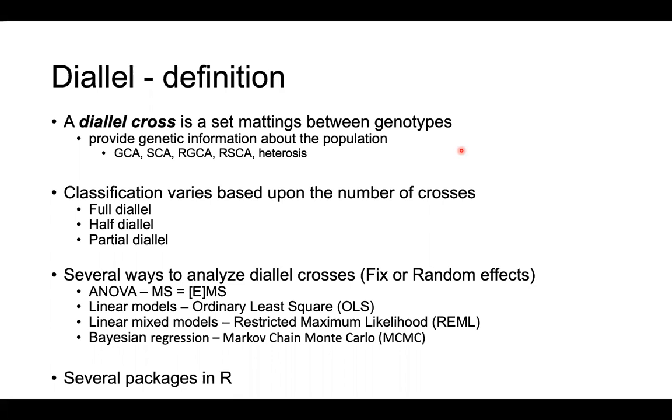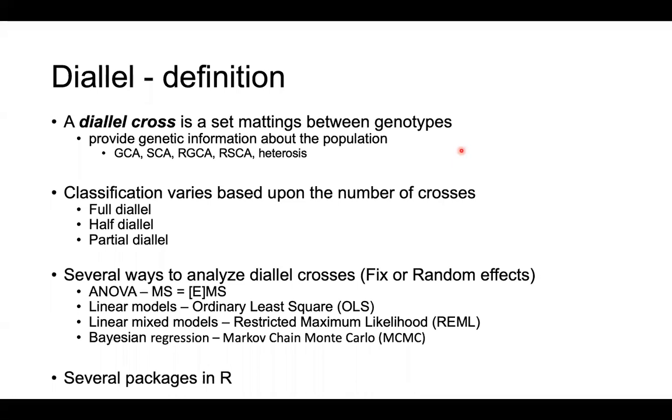So if you want to assess the general combining ability of some parents, or the specific combining ability of hybrids, or if you want to assess heterosis and measure the magnitudes of some of those parameters, we can use diallel crosses.